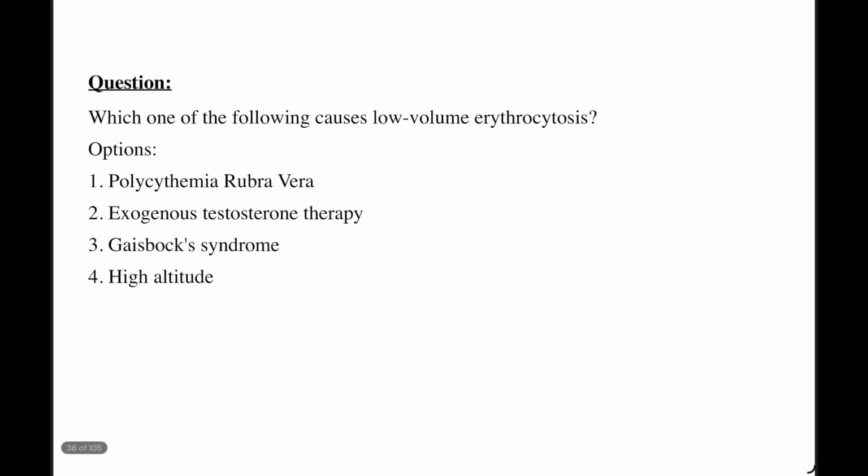Now, which one of the following causes low volume erythrocytosis? Erythrocytosis means erythrocytes are increasing in number, increased RBC count. It can be absolute erythrocytosis or it can be relative erythrocytosis.